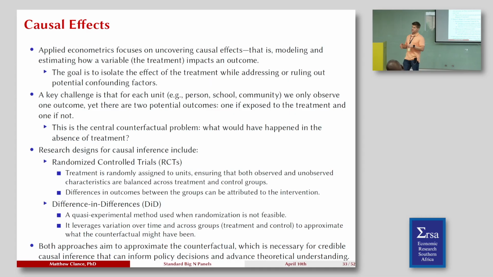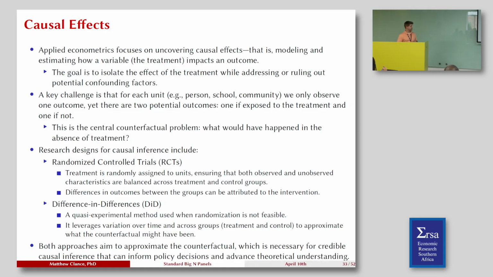So the effect that I am viewing is the effect of the treatment. Both approaches, like I said, approximate the counterfactual, which is necessary for hopefully credible causal inference. I say policy here, but there are a lot of different things other than policy that we look at for this. Okay?